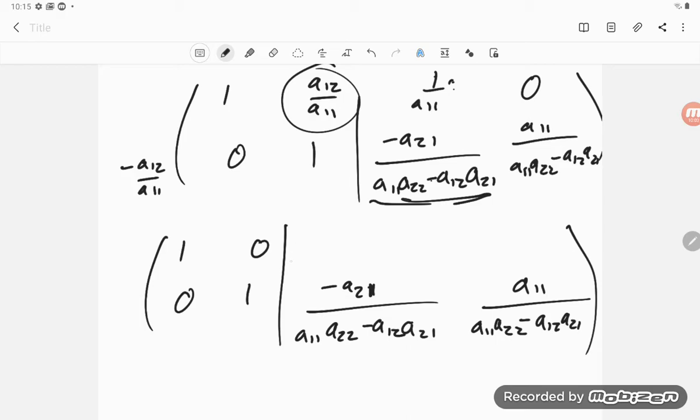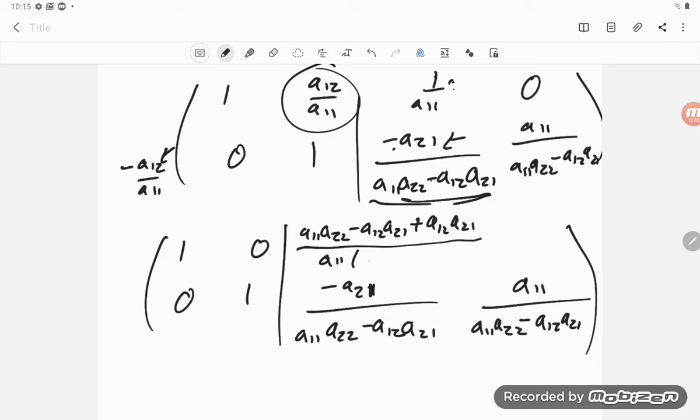So I'll have that thing on the bottom, the a11 a22 minus a12 a21, and then I'll have a plus a12 a21. This is the nifty part: those will cancel out when I multiply this part times this part here. And everything has the a11 on the bottom.